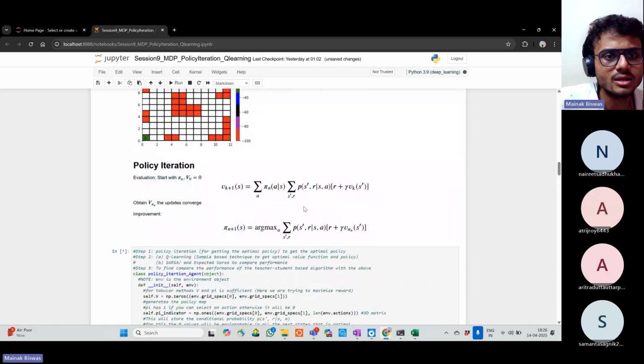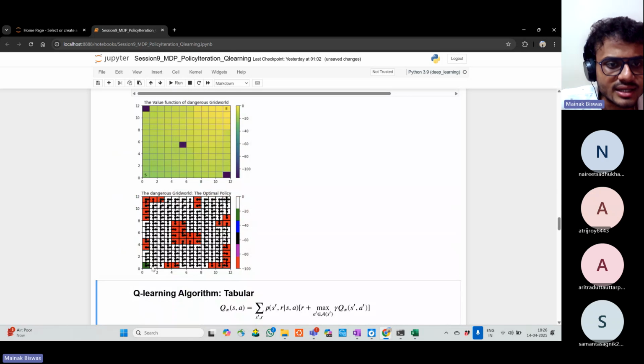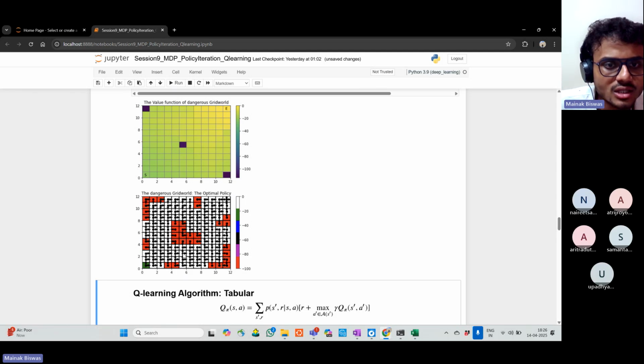Okay, so it's running. See, this is the action that I select. On this state, this is telling me go right, go up, right, go up, go left, go up, left, right. Are you able to see it? Wherever there are two possible actions, either of them has the same value. Yes or no? Clear to everyone?